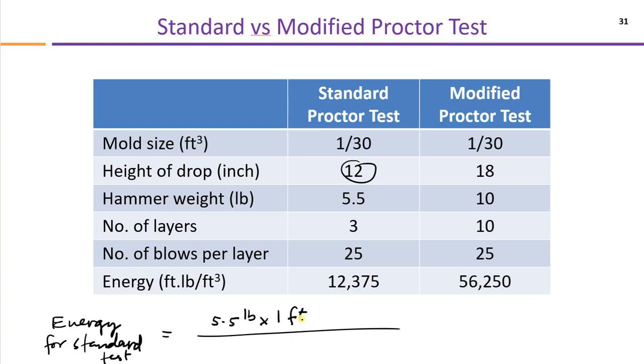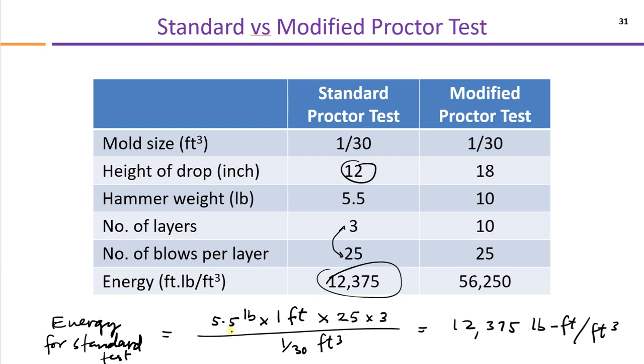So when this hammer is dropped one time, this is the energy, 5.5 pound foot. Now this is going to be compacted 25 times. So this is the energy given to one layer, and we compact it in 3 layers, so you have to multiply. The total energy given to the soil is 25 times 3, which means 75, and we have to divide it by 1/30 cubic foot. When you calculate, it comes as 12,375 pound foot per cubic foot. So this is how we calculate this energy, and similarly you can calculate the energy for the modified test.